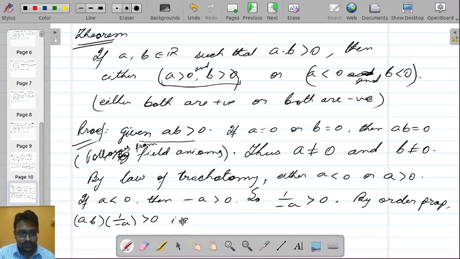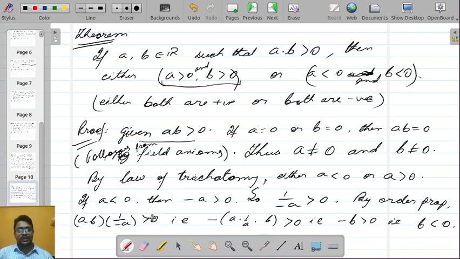But AB into 1 by minus A is actually minus of A into 1 by A into B, which is greater than 0. That is minus B, as A into 1 by A is 1. So minus B is greater than 0, that is B is less than 0.